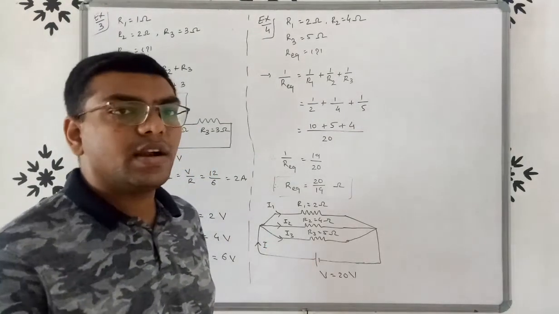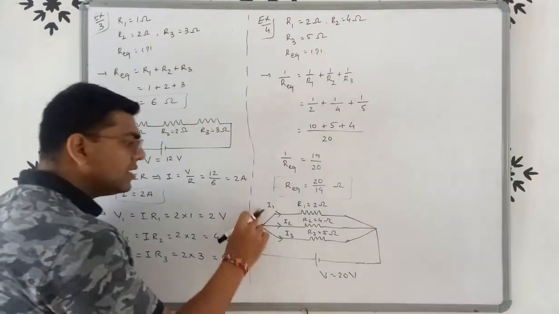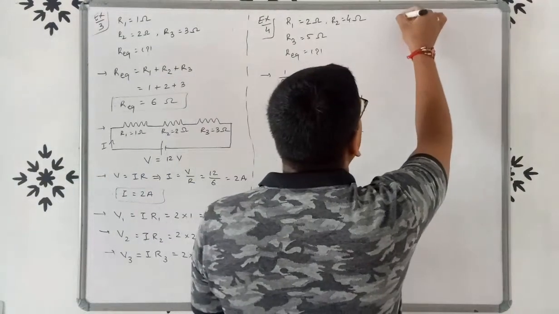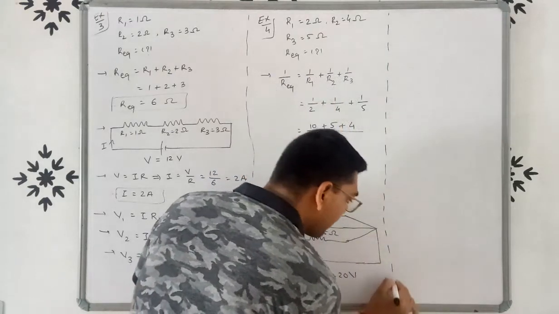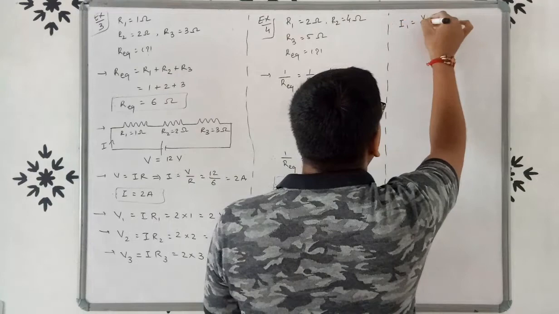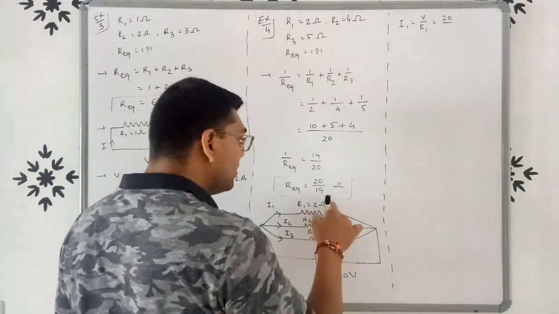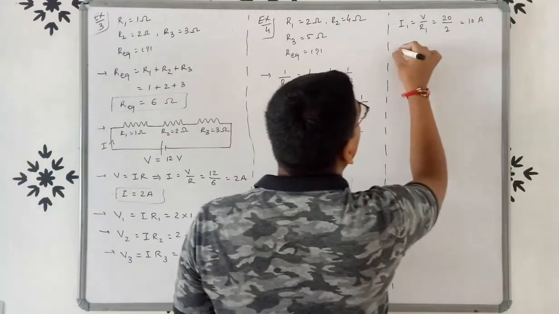The formula of current is I is equal to V by R. So I1 is equal to V by R1, value of V 20 upon R1 2. So current will be 10 ampere.